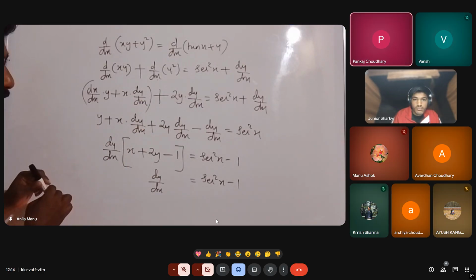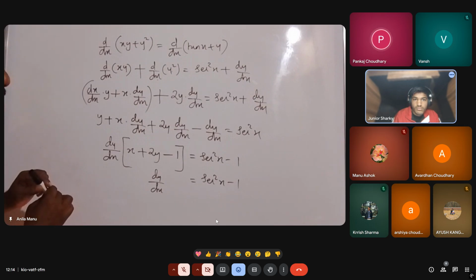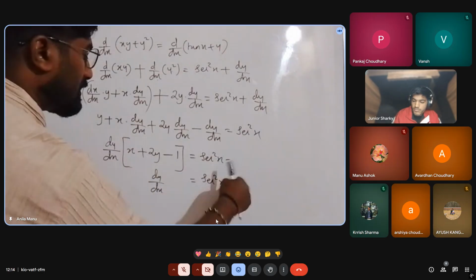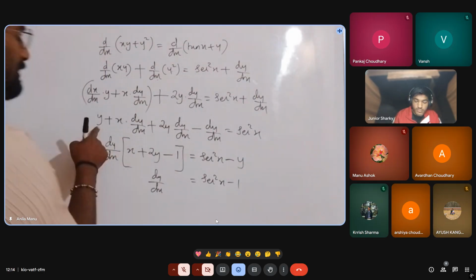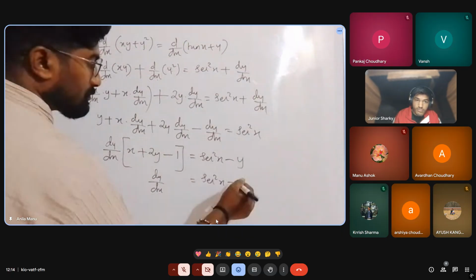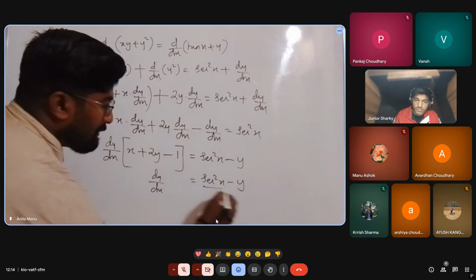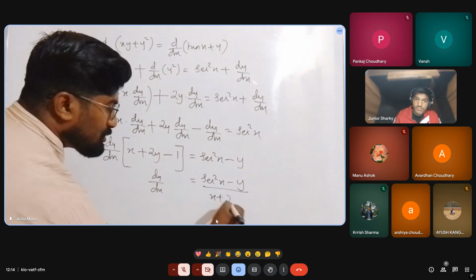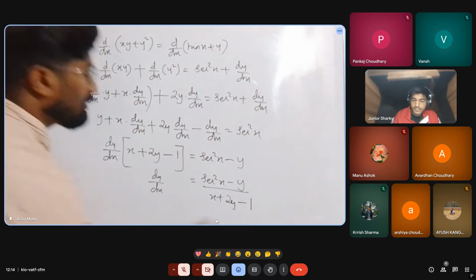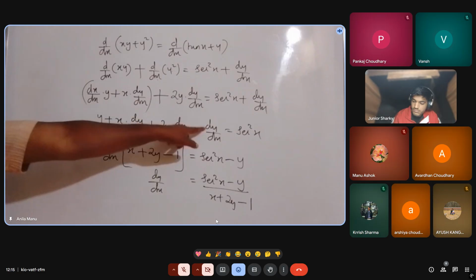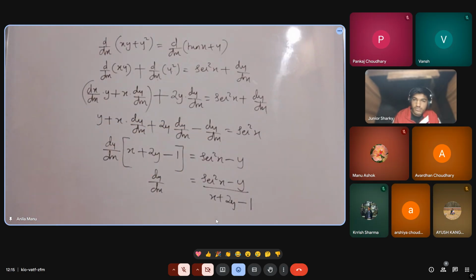Sec square x minus y, not 1, y, yes, correct. Divided by x plus 2y minus 1. Here we only have 1, meaning dy by dx we are taking outside. That's it.